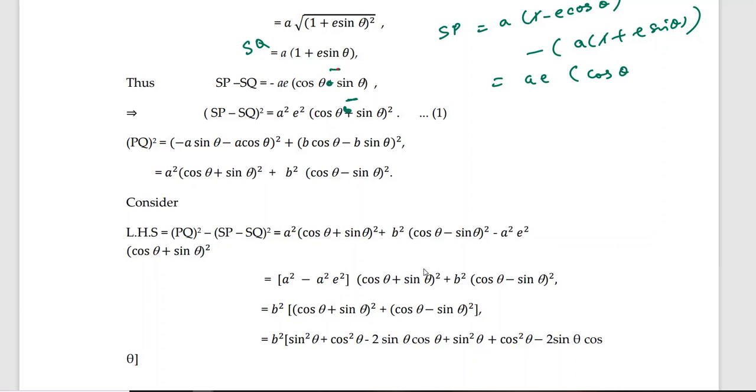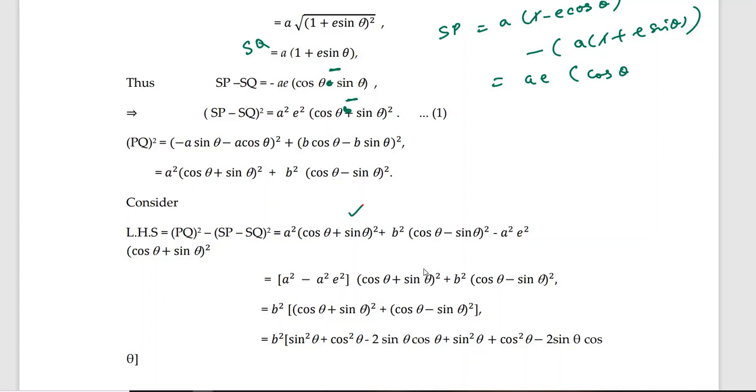PQ square we already have, but again using the distance formula we can calculate it: minus a sin theta minus a cos theta the whole square, then b cos theta minus b sin theta the whole square is PQ square. So on expansion and simplification this gives a square cos theta plus sin theta the whole square, and b square cos theta minus sin theta the whole square.